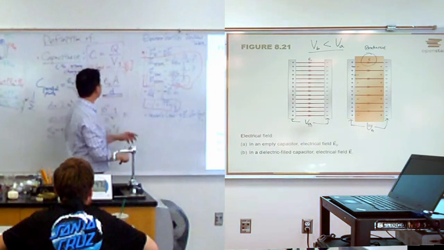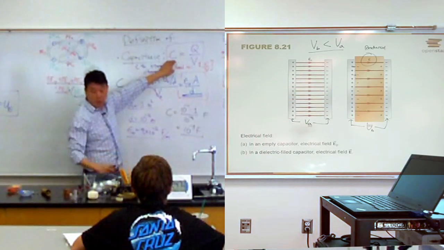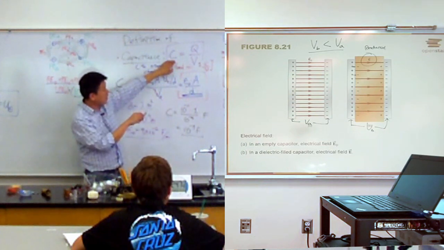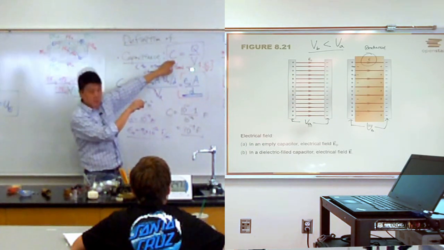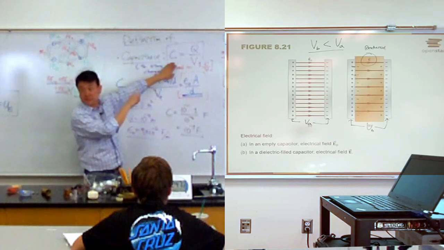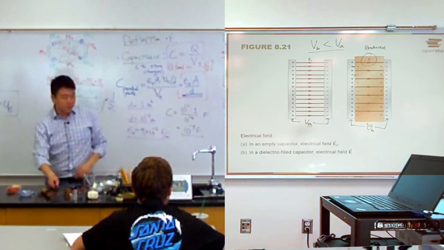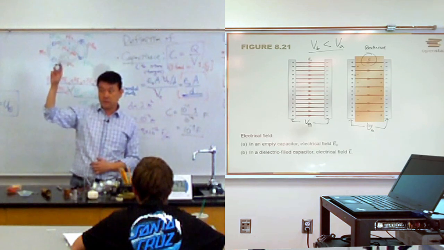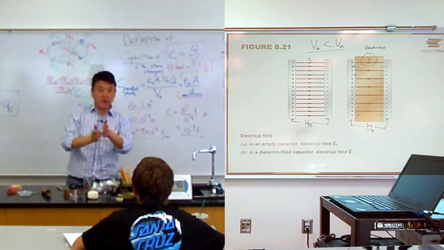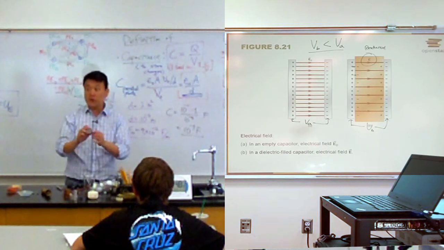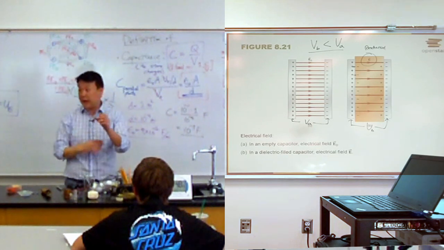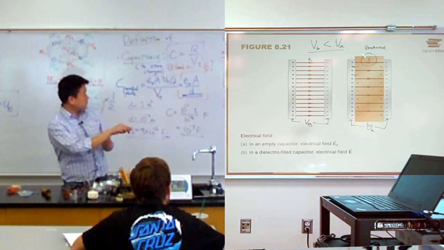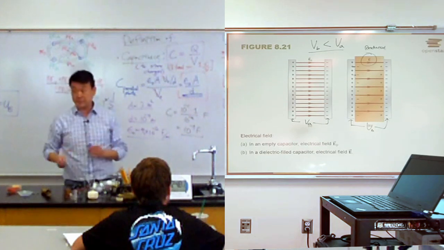So connecting it back to the capacitance, when you have a dielectric inside here that reduces the voltage, that means it increases the capacitance. By the way, that's one of the techniques used in making this 1 farad capacitor. There's a very thin oxide layer which makes the distance very small, and the oxide acts as a dielectric, which helps increase the capacitance.